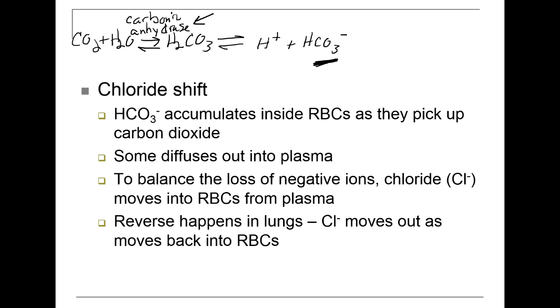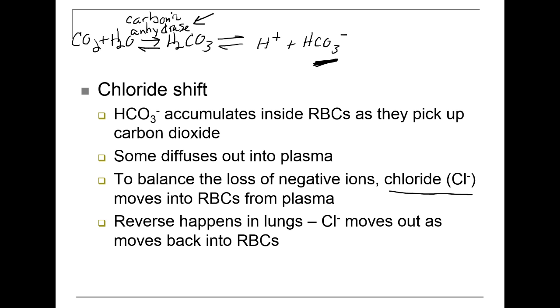So the red blood cell will pick up carbon dioxide, convert it eventually into the hydrogen ion and the bicarbonate ion, and that bicarbonate ion will diffuse out into the plasma, but you've got to balance that. And so this is something called the chloride shift. Chloride, Cl-, will move into the red blood cells in exchange for the bicarbonate ion.